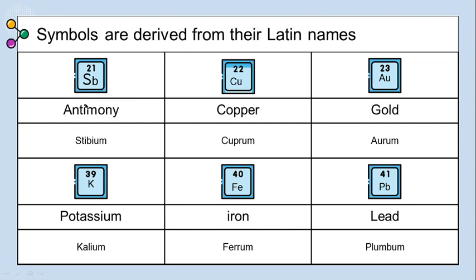Antimony's symbol is Sb because it's taken from its Latin name. Antimony's Latin name is stibium, so its symbol is Sb. Coming to copper, if we take the first two letters, it would be Co, but sorry, Co is for cobalt.